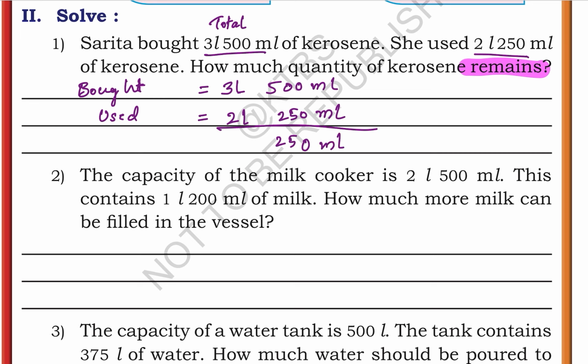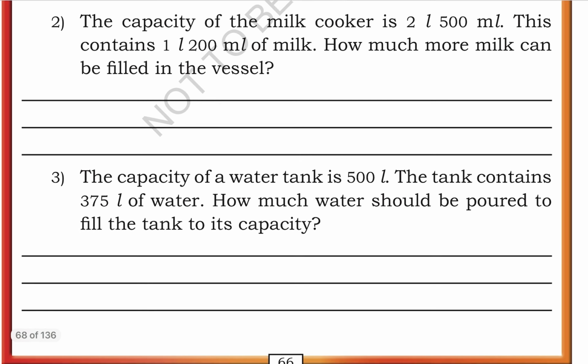Write down the unit ml. 3 minus 2 is 1, 1 liter 250 milliliter. The quantity of kerosene remains is equal to 1 liter 250 milliliter. Now, come to the second question.